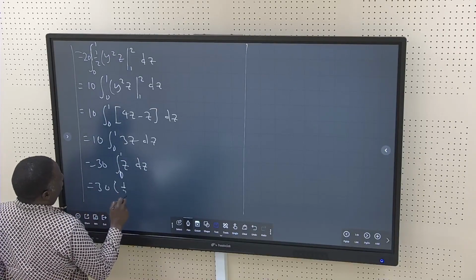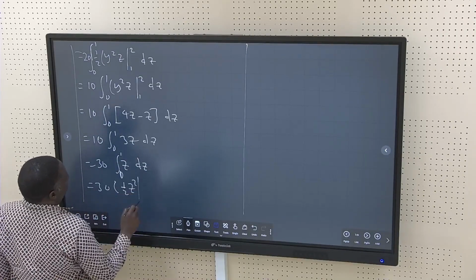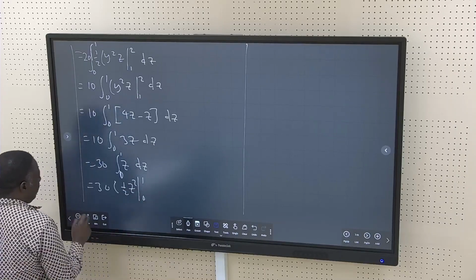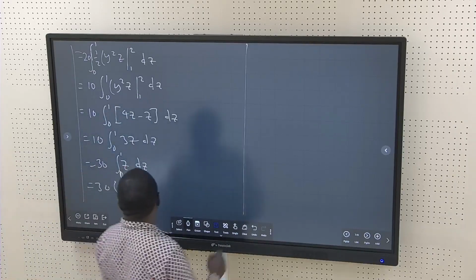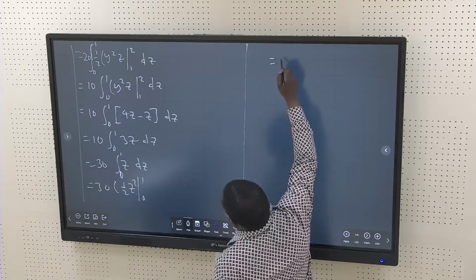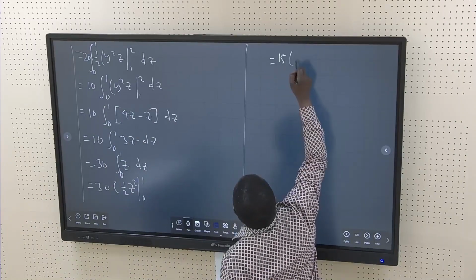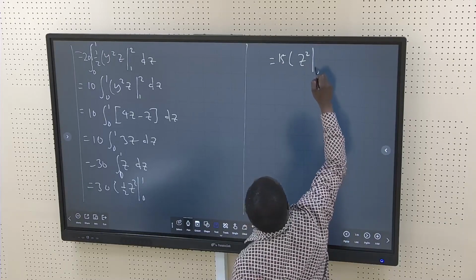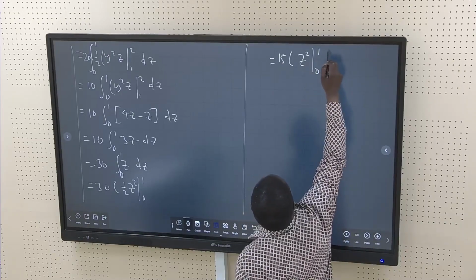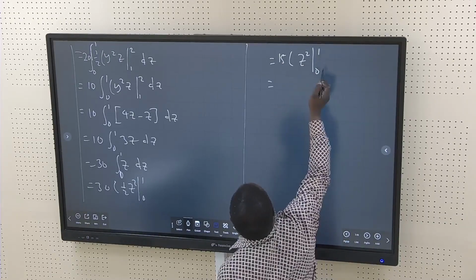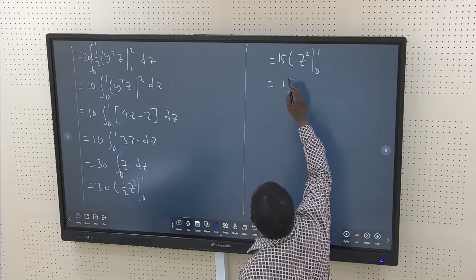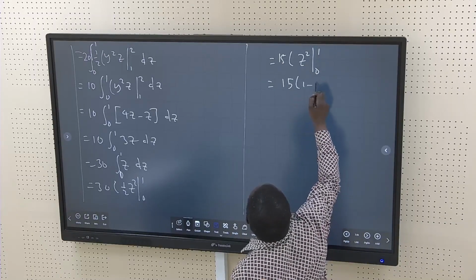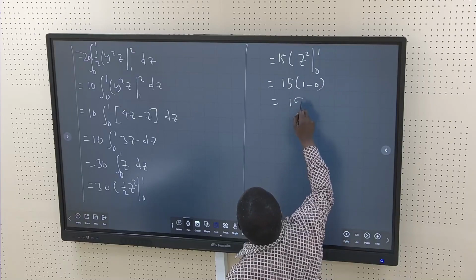This is a half z square from 0 to 1. Again, taking a half outside, this becomes 15 z square from 0 to 1. So this is 15. When you substitute, you just get 1 minus 0. So this is 15.